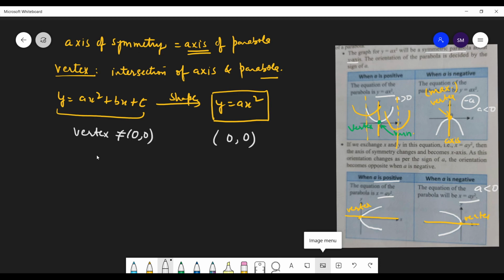Here the axis of the parabola was parallel to the y axis. That's the difference, but that's also the similarity: here also the axis will remain parallel to the y axis.